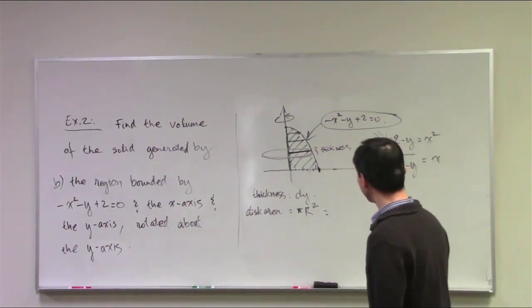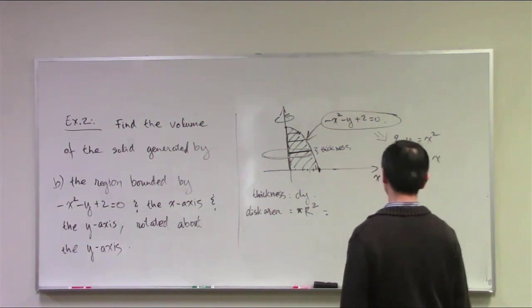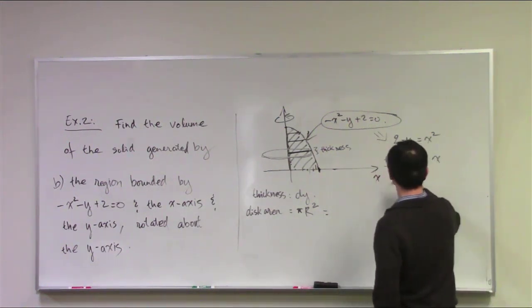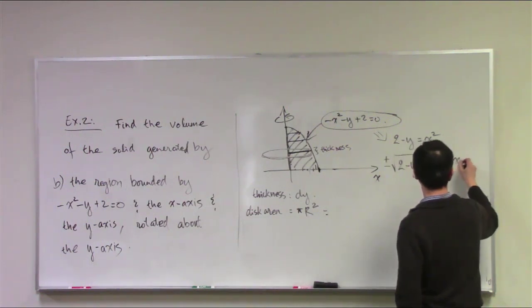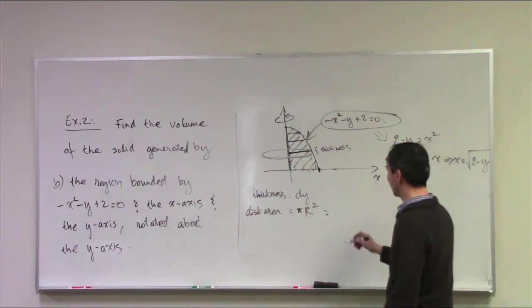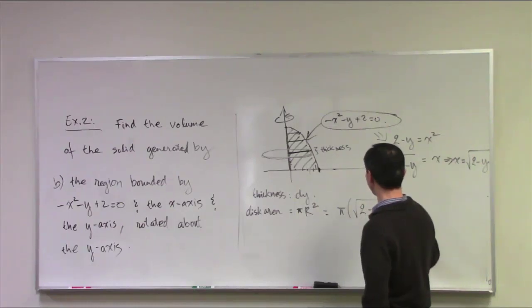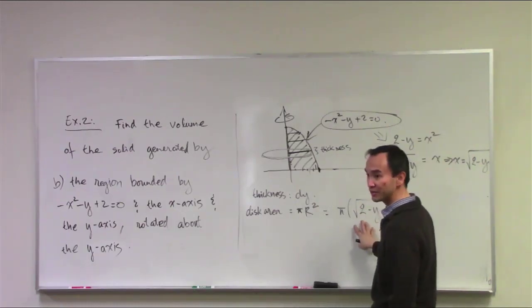Are we taking the positive or the negative of the square root? Positive, right? Yes. So we take just the positive. Last one here, x expressed as a function of y is square root of 2 minus y. So now we have pi times the square root of 2 minus y, all squared. That's how we express our disk area.